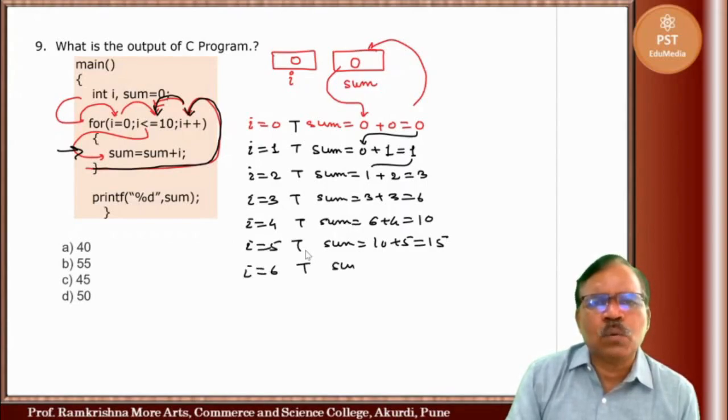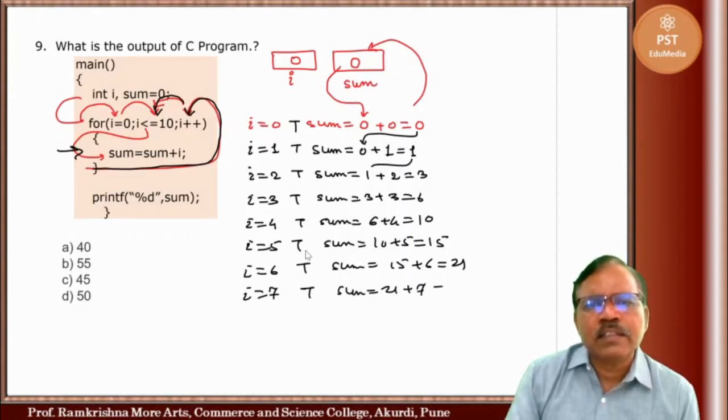Condition is true. Sum equal to 15 plus 6. That is 21. I becomes 7. Sum equal to 21 plus 7. That is 28. Then I becomes 8. Sum equal to 28 plus 8. So it is 36.